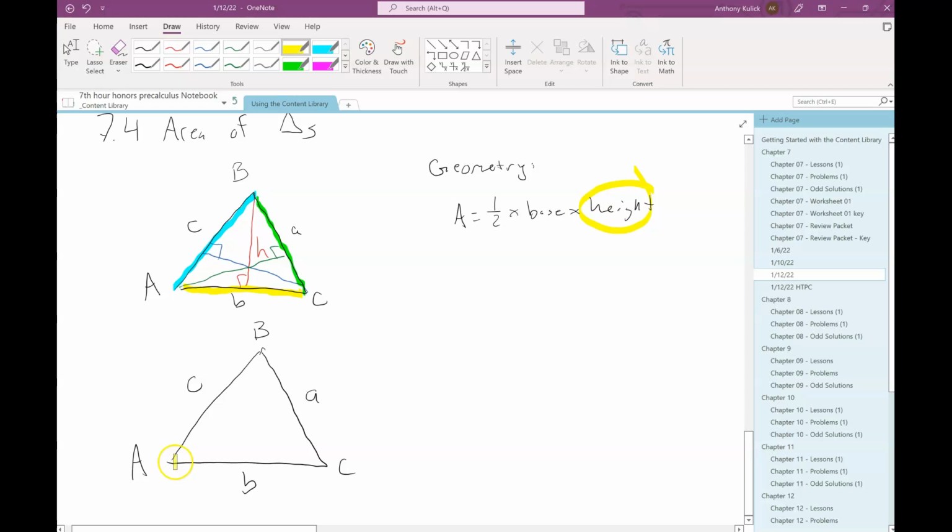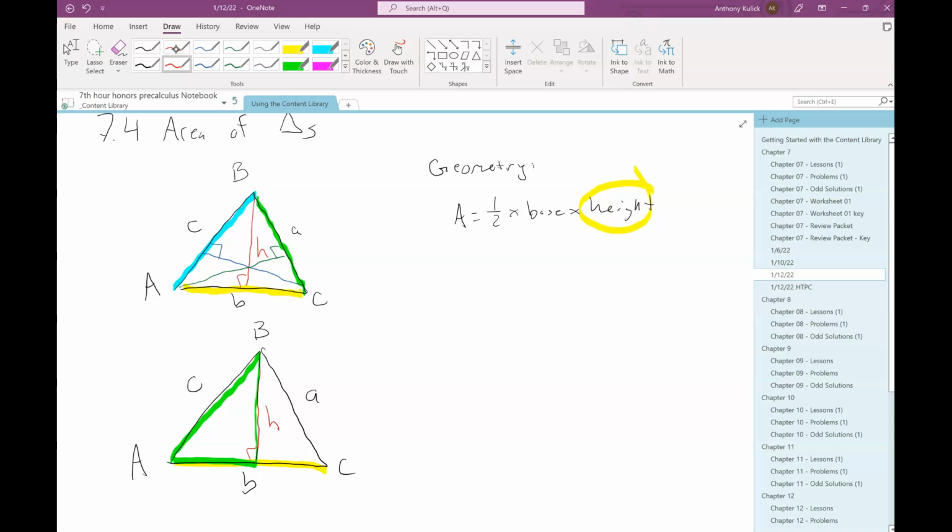So let's just say we have the situation that we identified earlier. We'll make b the base, and we'll draw on this height that I'm going to call h. Notice that when we draw on that h, we get a right triangle.